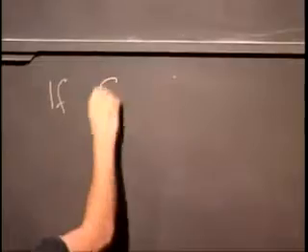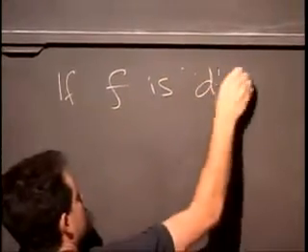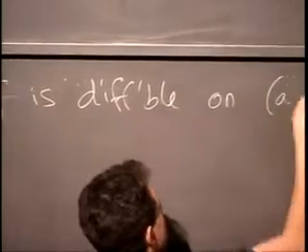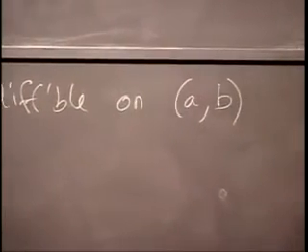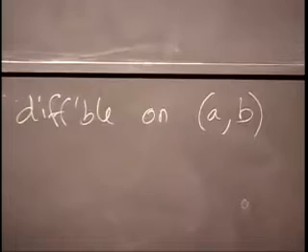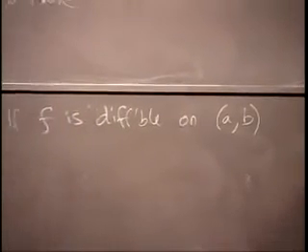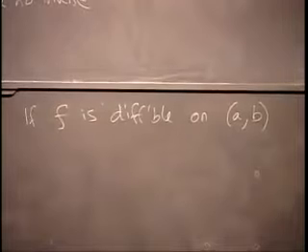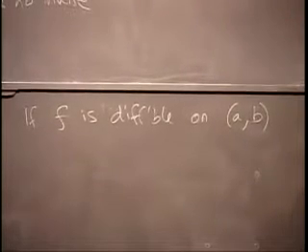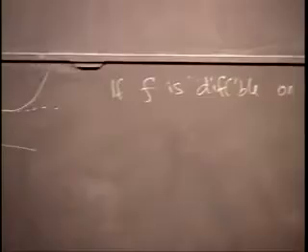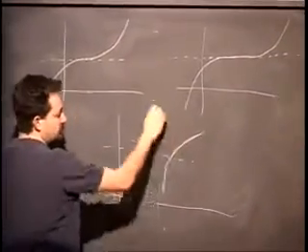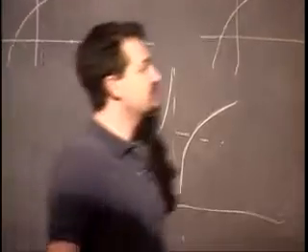If f is differentiable, so you have some function, if it's differentiable on some interval (a, b), no fair breaking the differentiation somewhere in the middle and then starting again. That's a function that's always increasing. It's getting bigger, bigger, bigger. It still doesn't have an inverse because we broke it. It has to be differentiable on the entire interval.